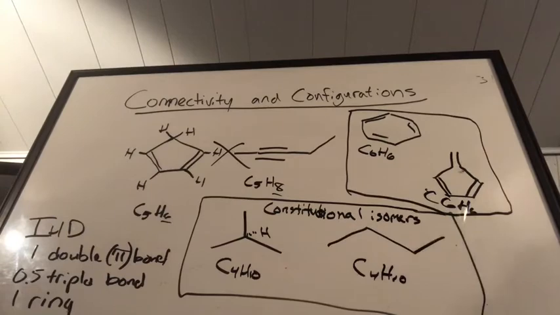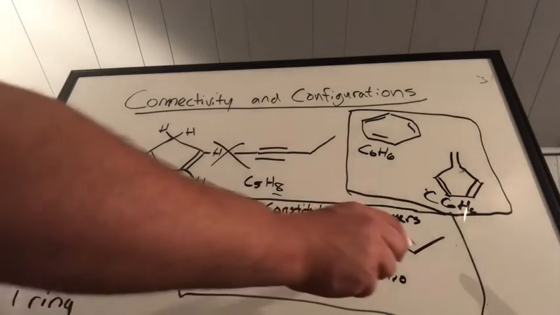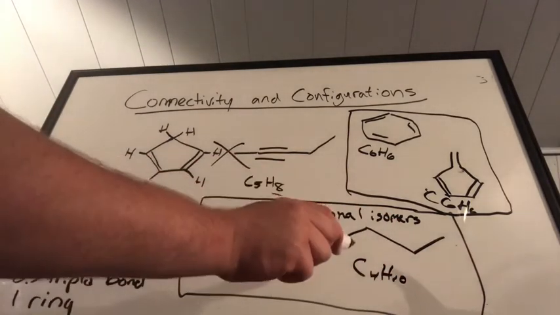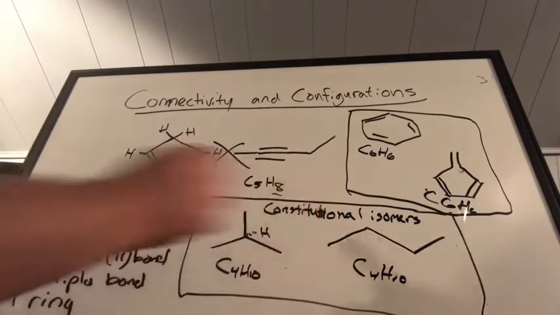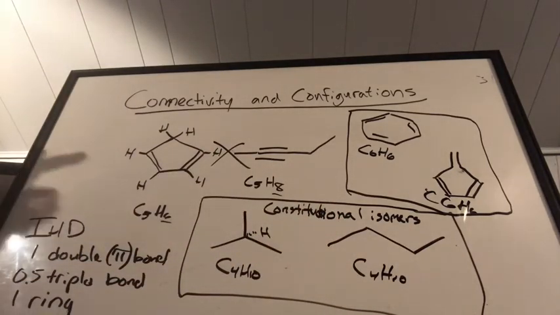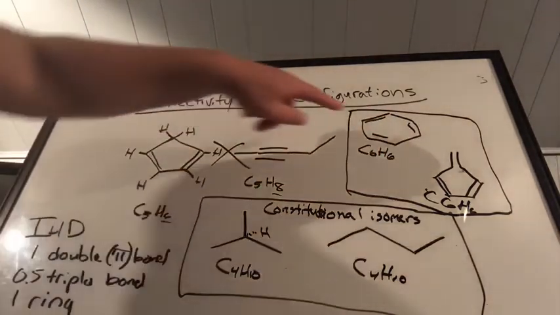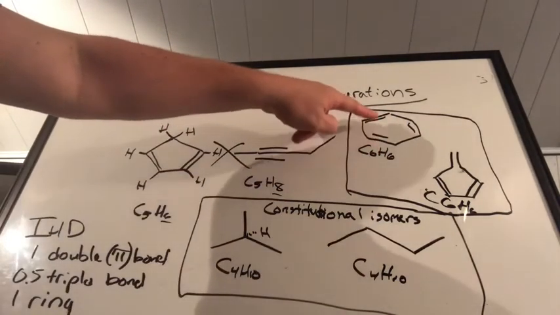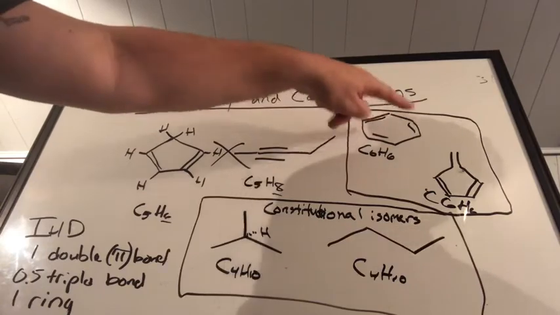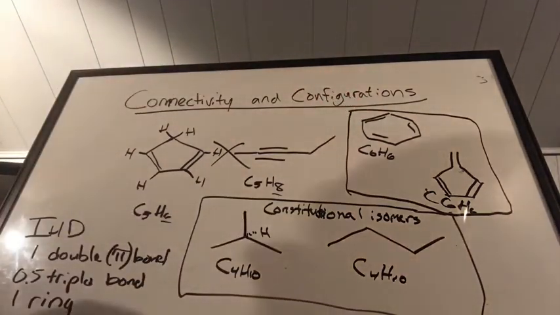All right, so with that said, there are no indices of hydrogen deficiency here. Okay, how about how many there are here? You have 1, 2, 3, and then a ring, so that makes 4.